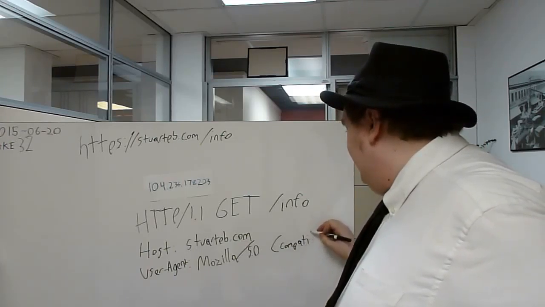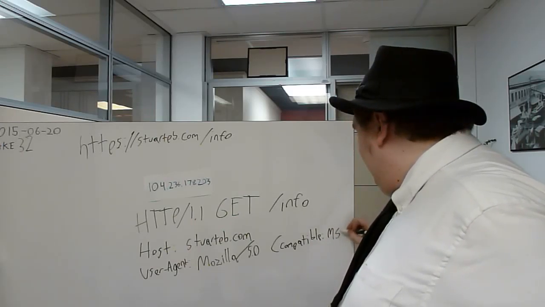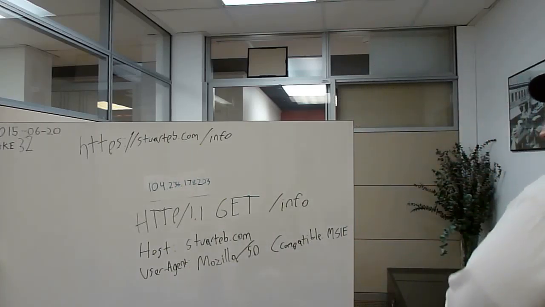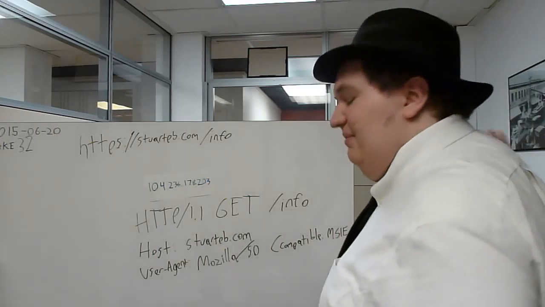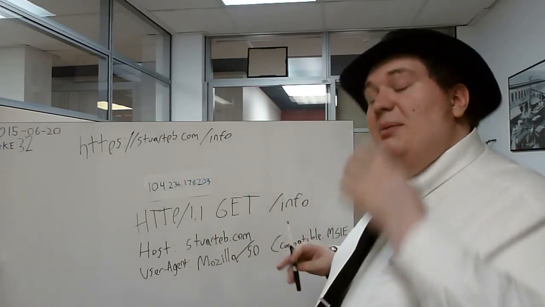So let's say that we're visiting this in Internet Explorer. The user agent strings these days are very long because they include what rendering engine, what operating system.